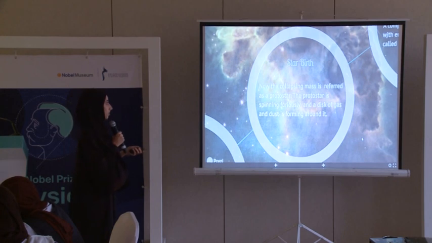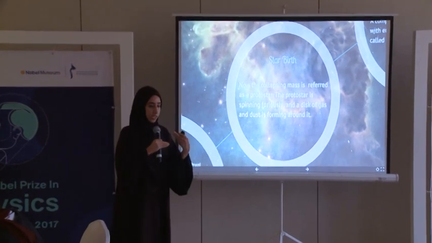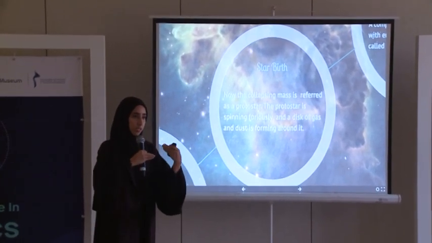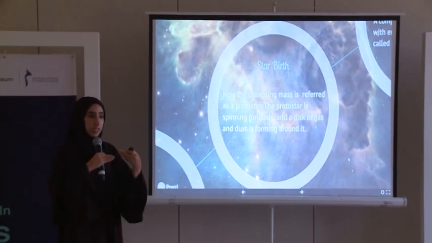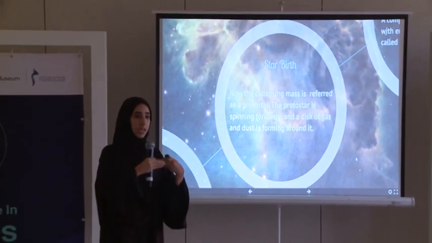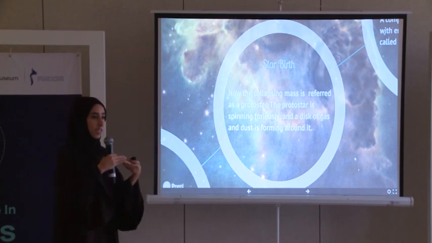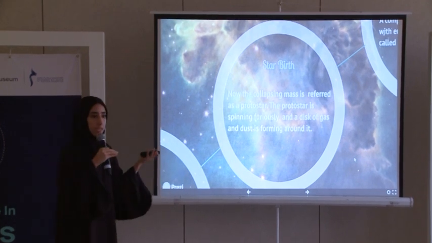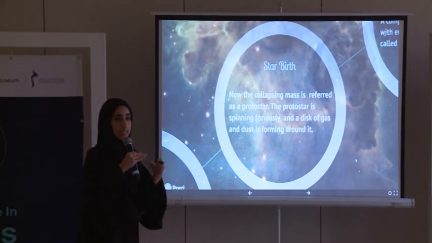Okay, from the protostar what happens is, from this action it starts slowly rotating. There is an action, and from this action it becomes spinning fast. And do you know when there is an action there is also energy, there is heat.